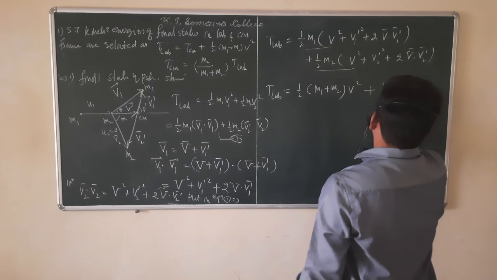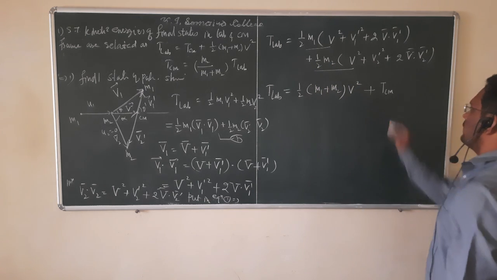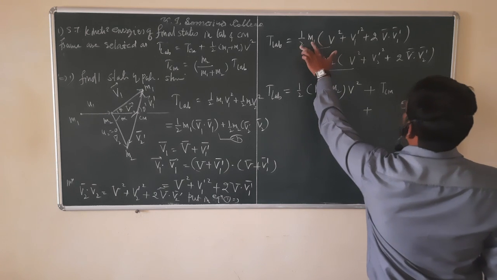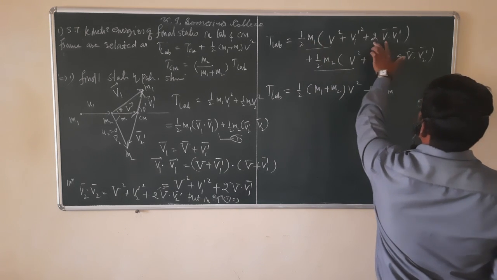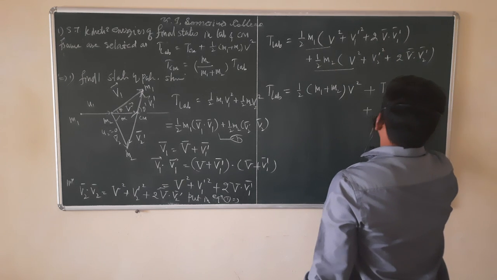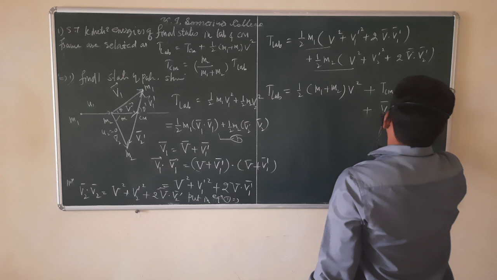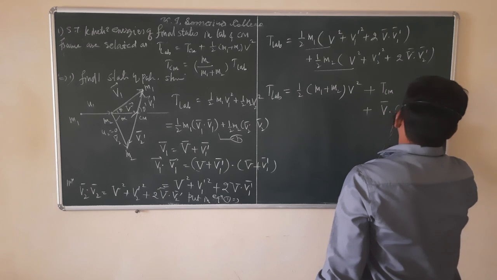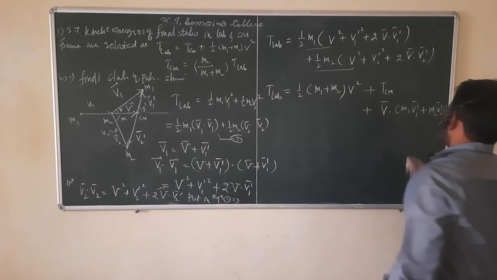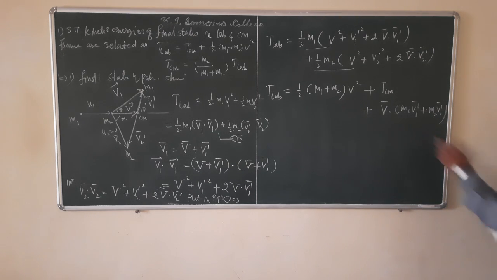That is nothing but the kinetic energy in the center of mass frame, plus the next term: 1/2 m1 multiplied by 2 V dotted with v1 dash, so this 2 will get cancelled, giving vector V dotted with m1 v1 dash plus m2 v2 dash. I will leave this as an exercise.